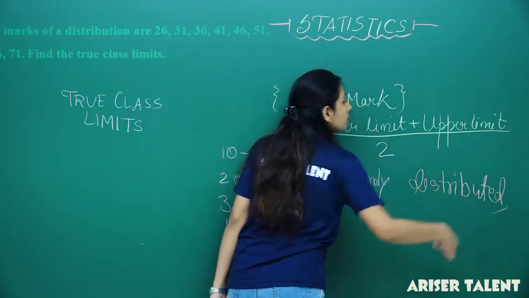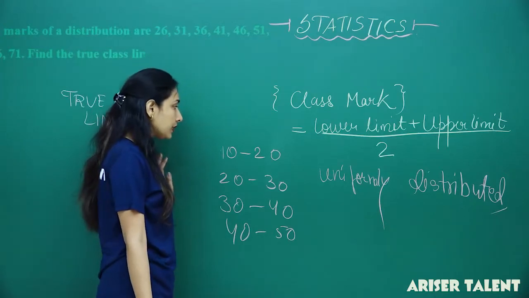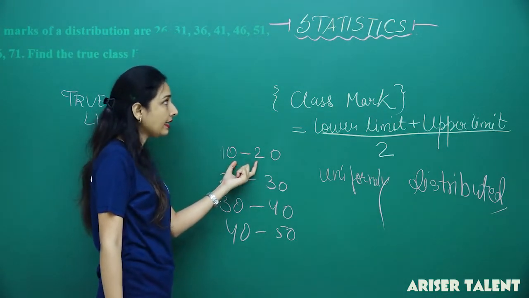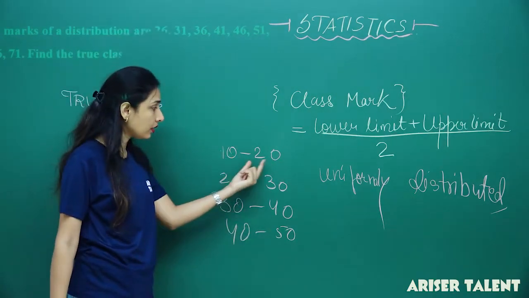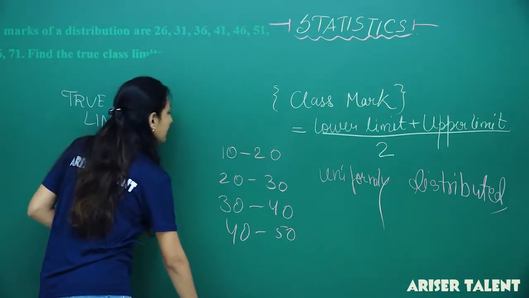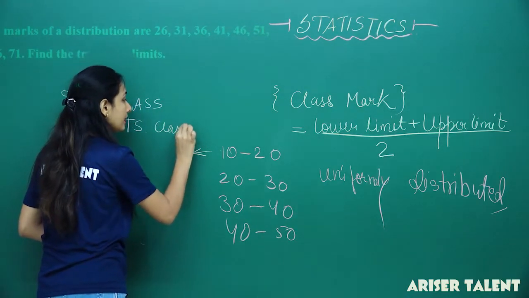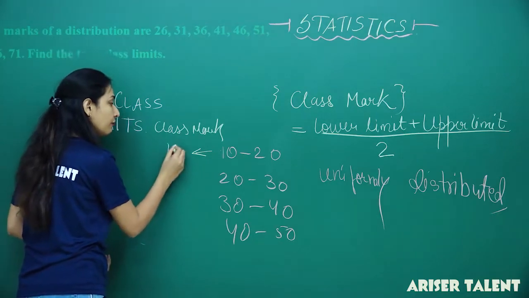Now we calculated that 10 plus 20 by 2, that is lower limit plus upper limit by 2, will be giving us 15. So I'll be having the class mark here as 15.